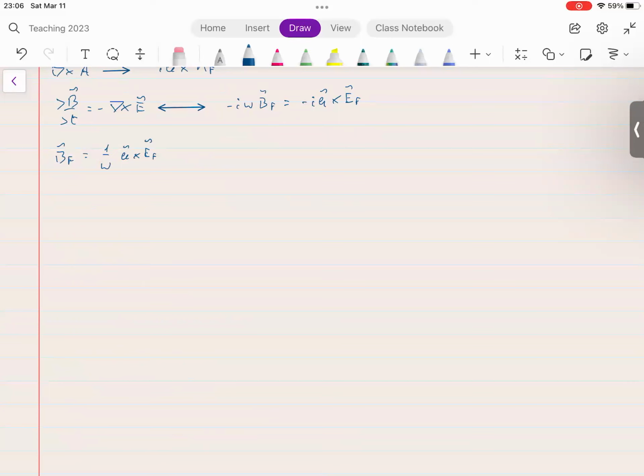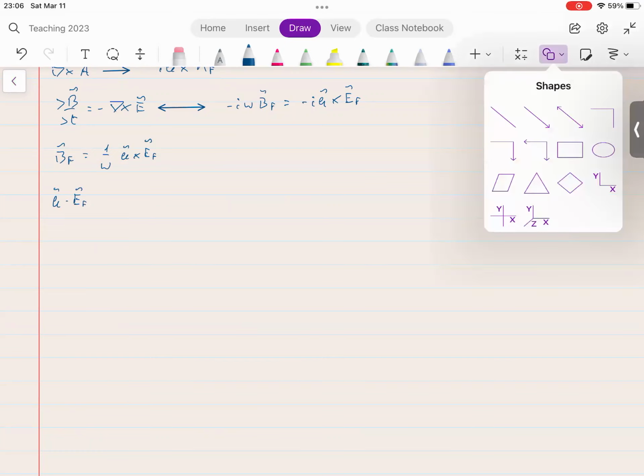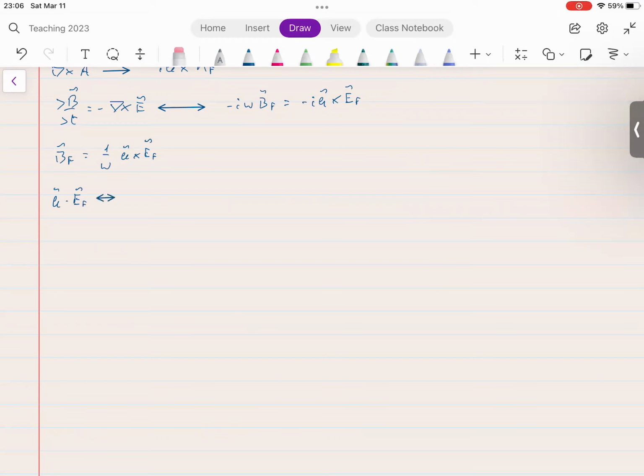Well, K dot the Fourier transform of E is 0, rather, that means that divergence of E is equal to 0, and that means that charge density is equal to 0. That's where it was when we started.